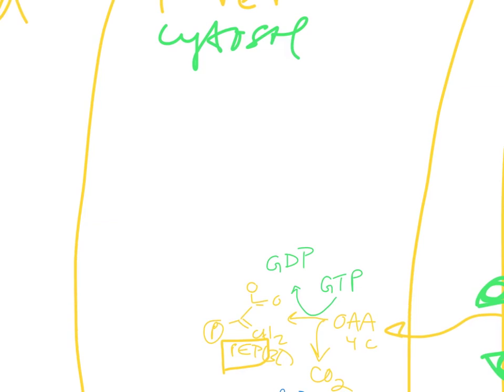Okay, then from PEP, all the irreversible steps are the same between glycolysis and gluconeogenesis. So all those irreversible intermediates are exactly the same.